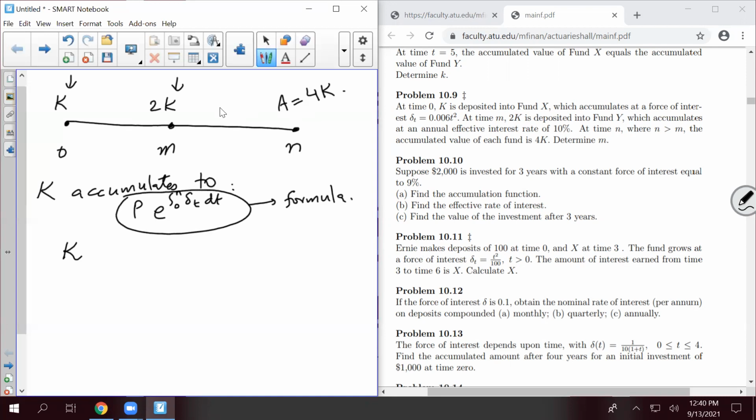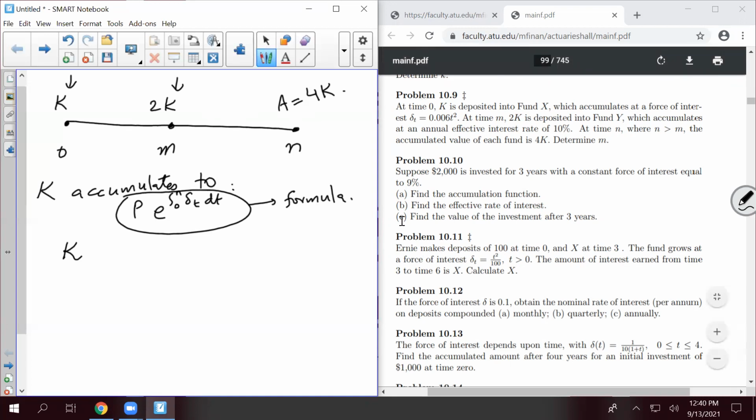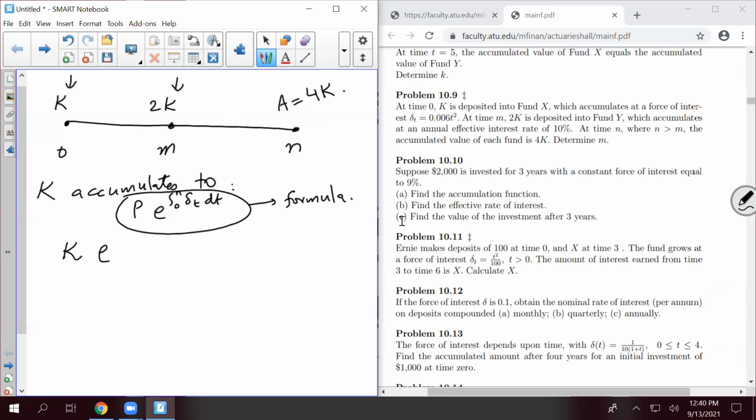And so the principal here is K and e to the power integral from 0 to N of delta t, which is 0.006 t square dt. So what's the integral of 0.006 t square? 0.006 t cubed by 3, right?